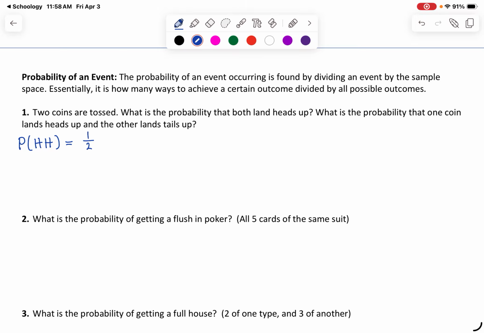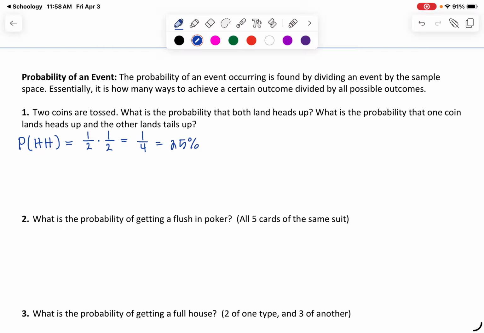You either have heads or tails for the first one, so there's your 2 outcomes. And you want to get heads for the numerator, that's the event that you want. And same thing for the second one. So the probability of getting heads, heads is 1 out of 4, or 25%.